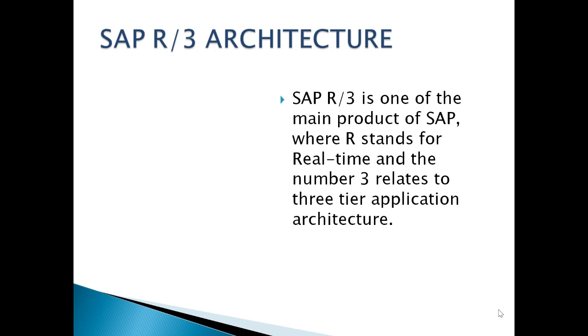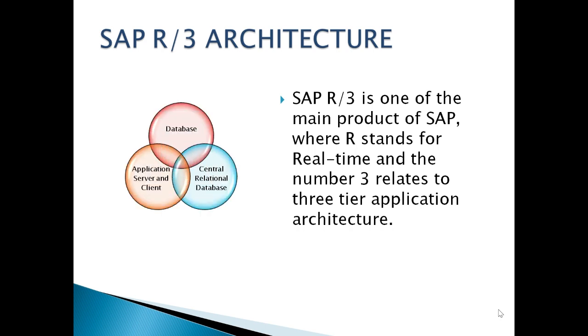Next, SAP architecture. As in the previous slide I told you about R/3, why it is written as R/3 can be discussed in the next slides. R/3 means R stands for real-time and 3 stands for 3-tier application architecture.